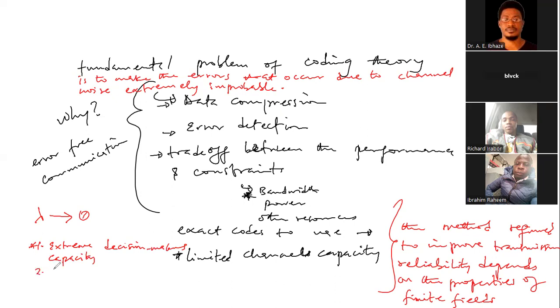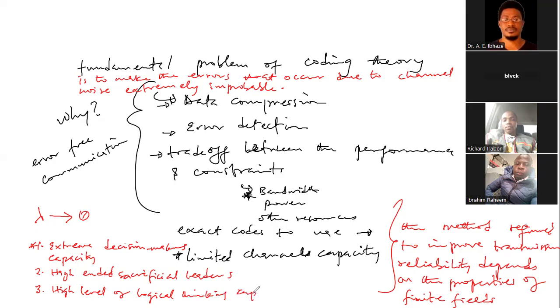Two, we also want that system to have high-ended sacrificial leaders. Then we want people with a high level of logical thinking capacity to address problems.